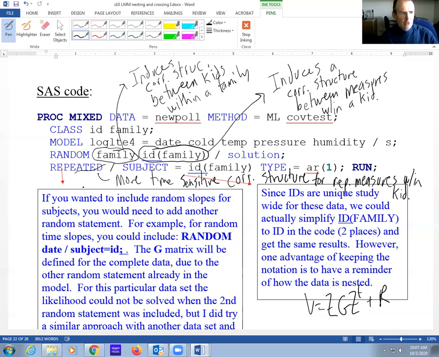You could say random family, and then in a separate statement, random intercept subject equals ID, and you'd get the same model, but it simplifies things to have it here. If you do the random slope, then you have to add that extra random statement, and you can make that a separate random statement.